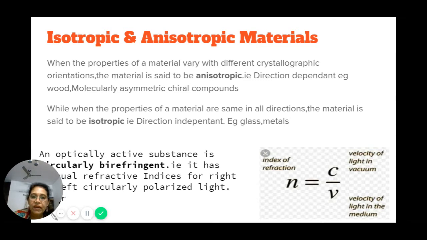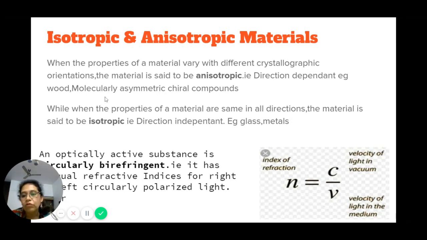When the properties of a material vary with different crystallographic orientations, the material is said to be anisotropic. सिंपल सा मतलब है कि ये मटेरियल ऐसा है, अगर इसमें हम फिजिकल प्रॉपर्टीज मेजर करते हैं तो डिफरेंट डायरेक्शंस में उसकी प्रॉपर्टीज डिफरेंट होंगी. मतलब मॉलिक्यूल्स का जो कॉन्सेंट्रेशन है वो डिफरेंट डायरेक्शंस में डिफरेंट होगा, तब इस पर्टिकुलर मटेरियल को हम कहेंगे एनिसोट्रोपिक मटेरियल. इसीलिए मैं कह रही हूँ the measurement is direction dependent, and an example of such materials would be wood. वुड अगर आप देखें कॉम्पोजिट मटेरियल है तो डिफरेंट डिफरेंट डायरेक्शन में डिफरेंट नंबर ऑफ मॉलिक्यूल्स होंगे.